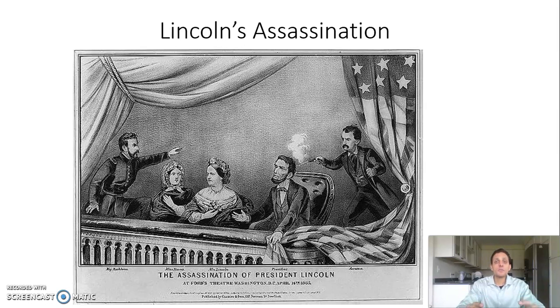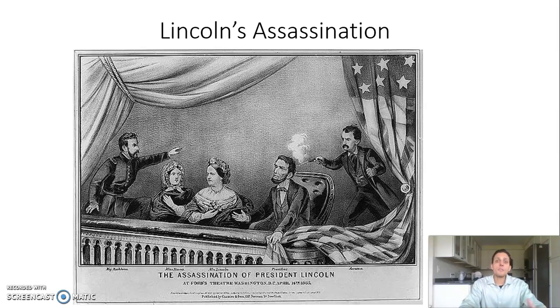But Reconstruction becomes very contentious for the country, not to mention that this is an incredible tragedy for the nation, and it further shows that even though the war is over, there is still bitterness and deep divisions between the Confederacy and the Union and the North and the South. This idea of sectionalism in a lot of ways does continue during Reconstruction and even beyond until the country can fully heal.